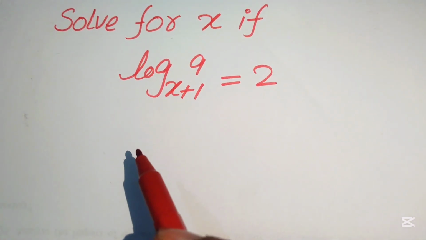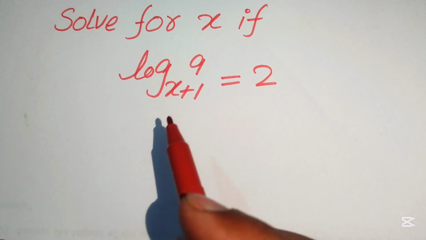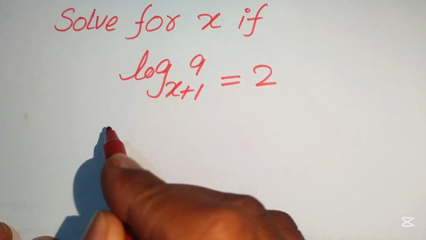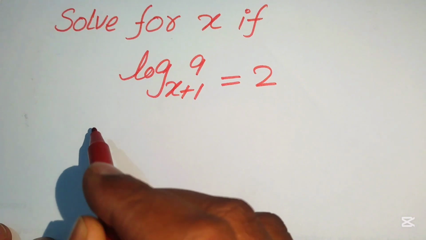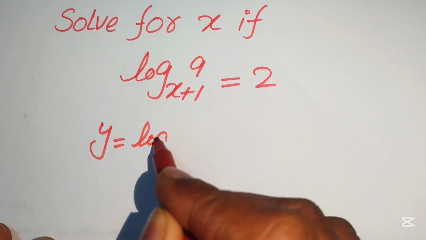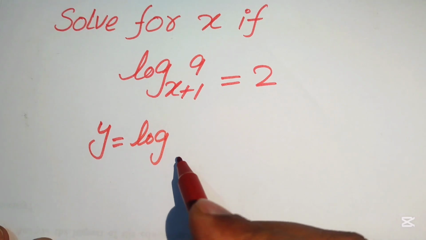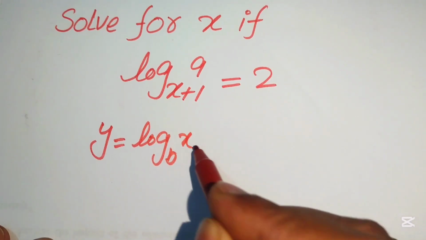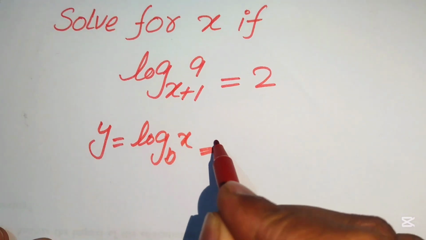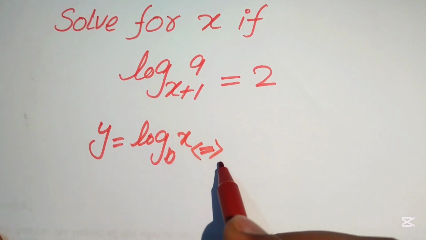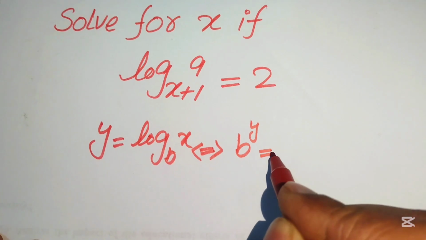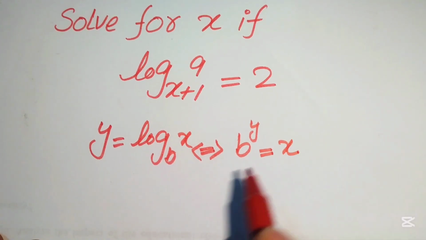In the definition of logarithm, we write that y equals log of x with base b if and only if b to the power of y equals x.